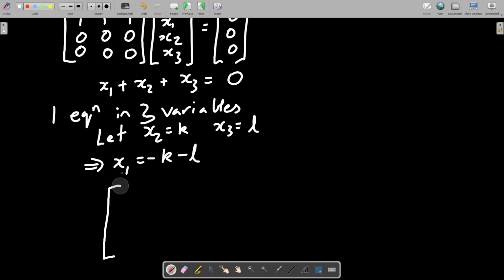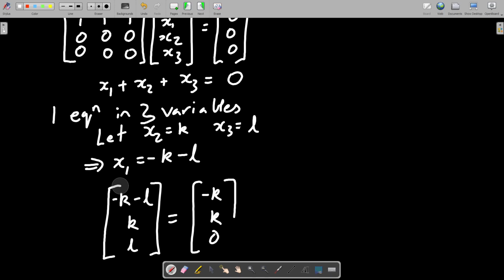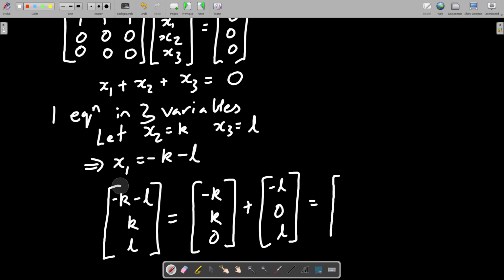So we are dealing with the case of a repeated eigenvalue. When you have repeated eigenvalues, you have to do it like this, as I told you. So minus k minus l, k, l. This can be written as minus k, k, 0 plus minus l, 0, l.